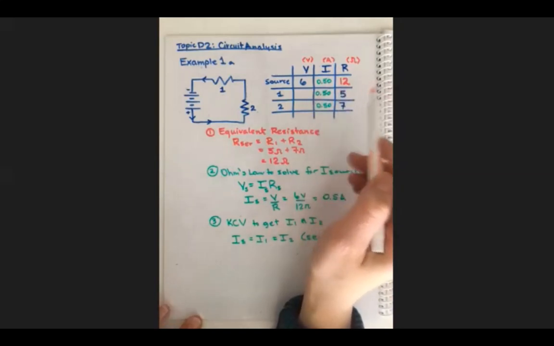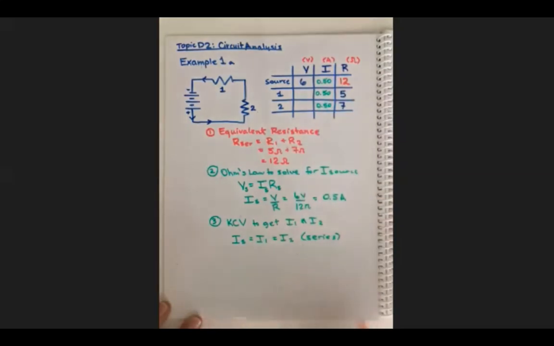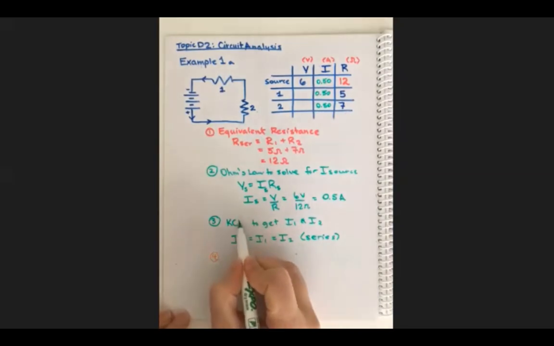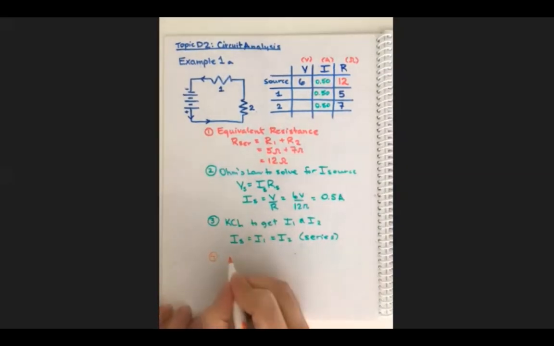So that's one choice. I'm going to choose to use KVL, which is working vertically through that column because we haven't done that yet. And just to show you one, oops, this is supposed to be not KCV, KCL. That's Kirchhoff's current law. So I'm going to say we're going to use KVL to get V1 and V2.